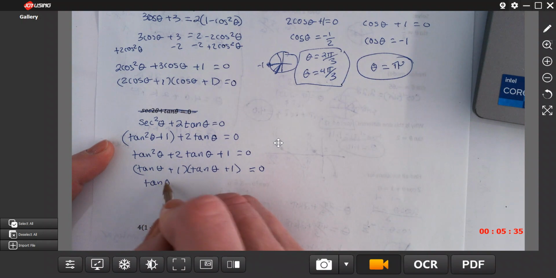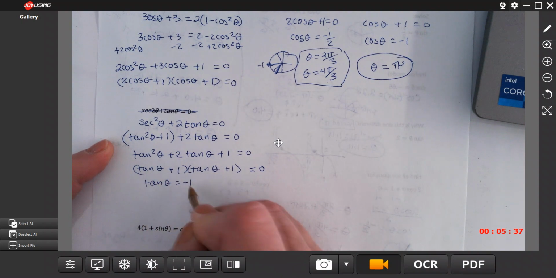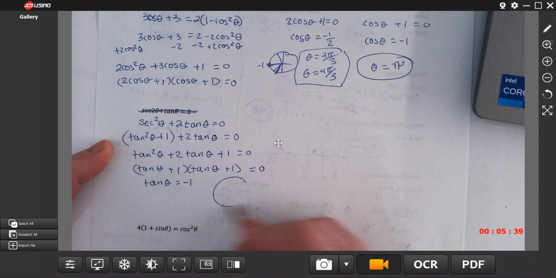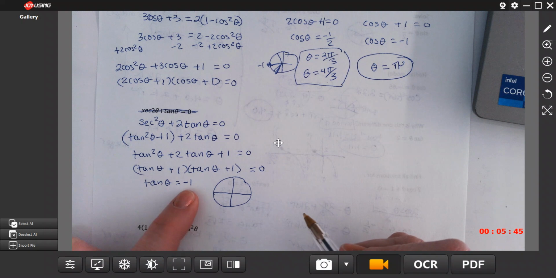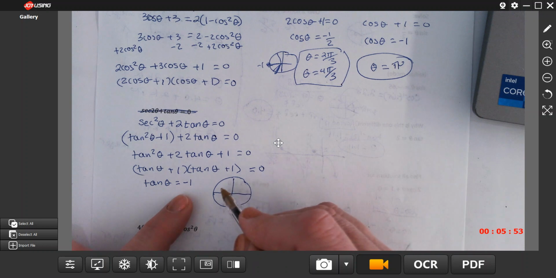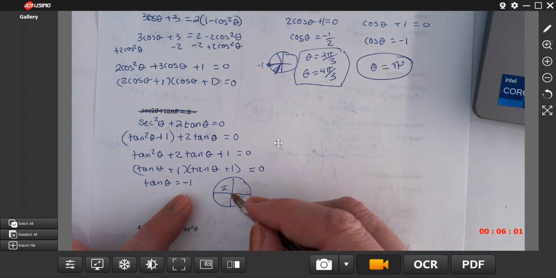So I only need to solve one expression. Tangent theta equals negative 1. So if you look at your unit circle, tangent is sine over cosine. So it can only equal negative 1 when the lengths of sine and cosine are the same, but there's a positive and a negative. So that happens in quadrant 2 and in quadrant 4.